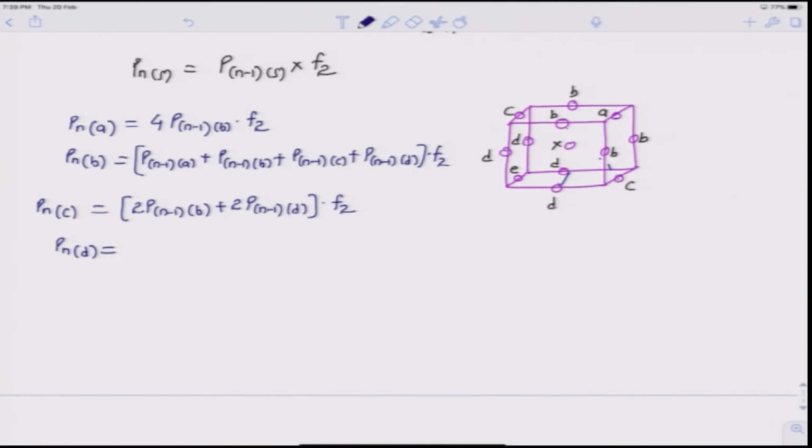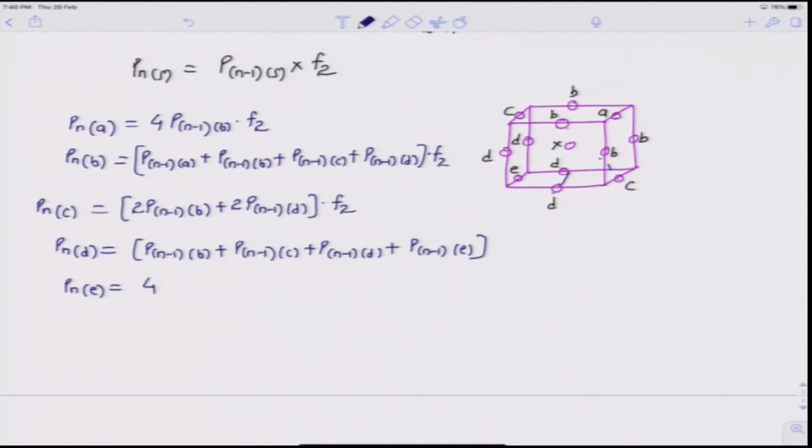Pn of D would be, if we consider any D atom, the common nearest neighbors are B, then C, D and E. So, we have P n minus 1 of B plus P n minus 1 of C plus P n minus 1 of D plus P n minus 1 of E. And for E atom, if we find the common nearest neighbors of E and X, they are all 4 D type of sites.